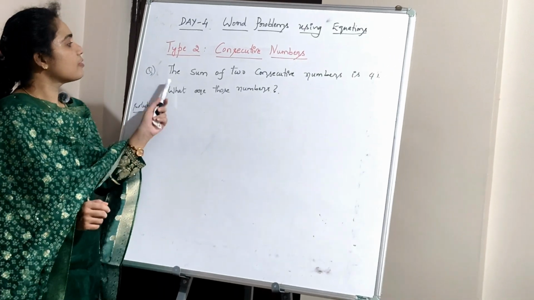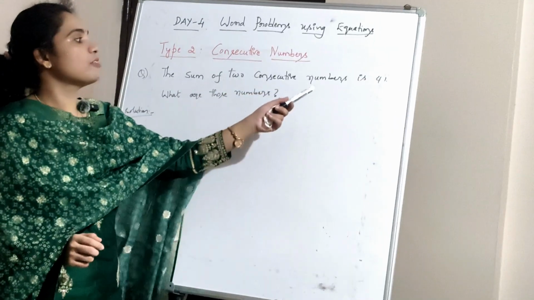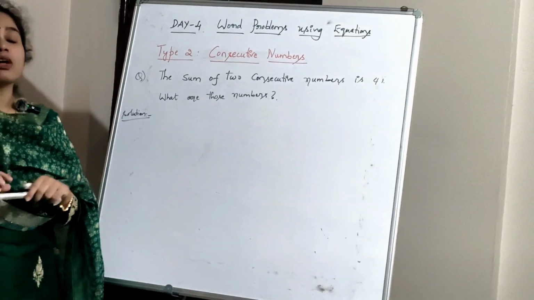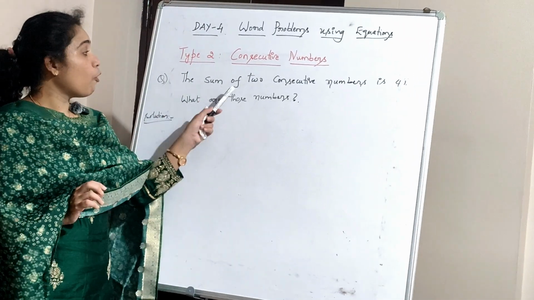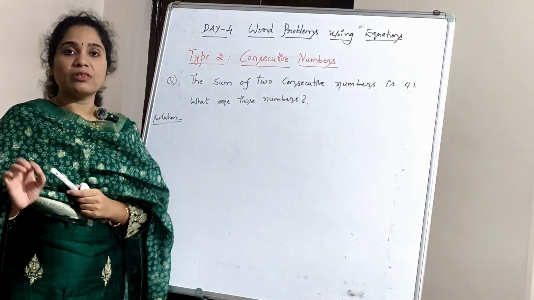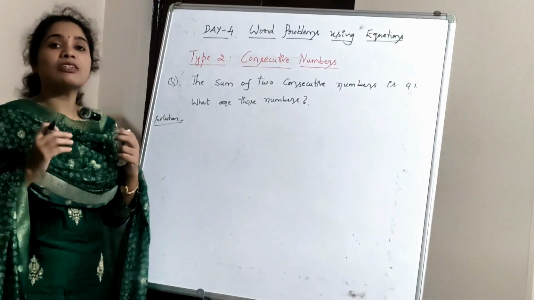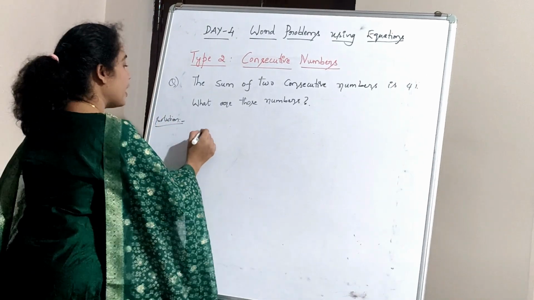The question is: the sum of two consecutive numbers is 41. What are those numbers? So we have to consider the numbers.